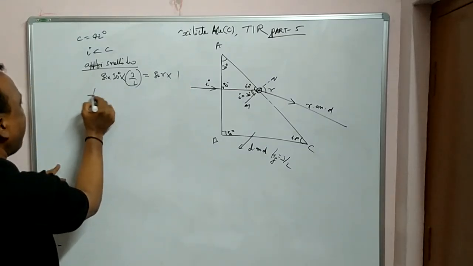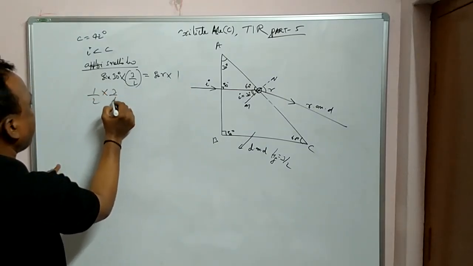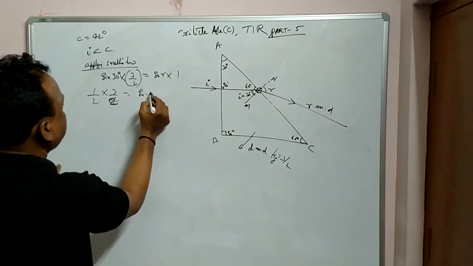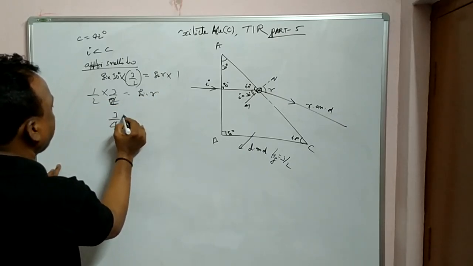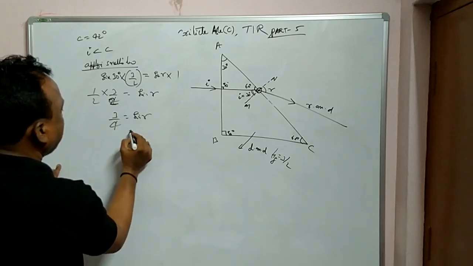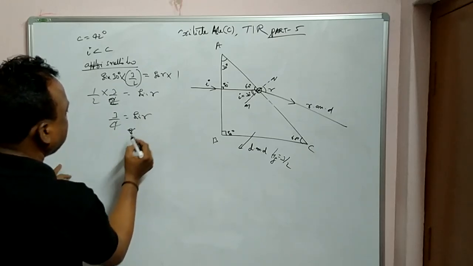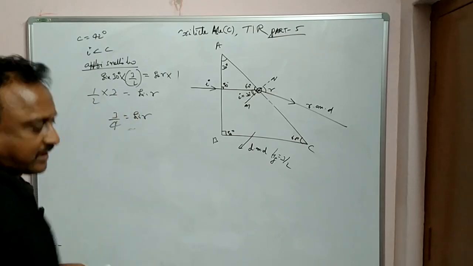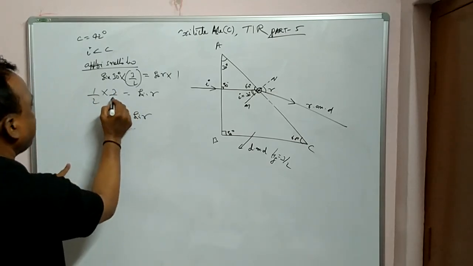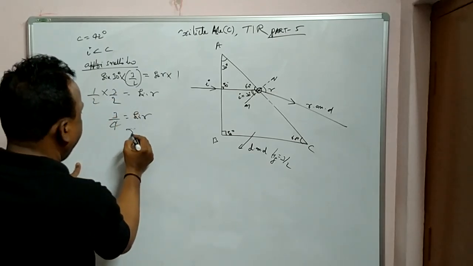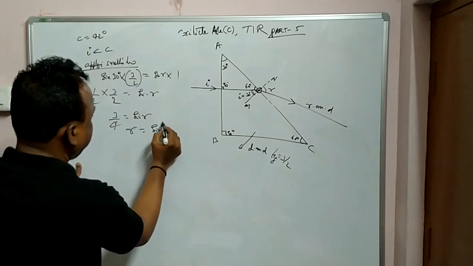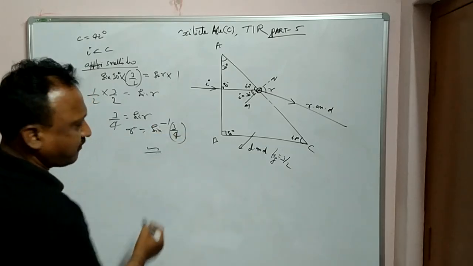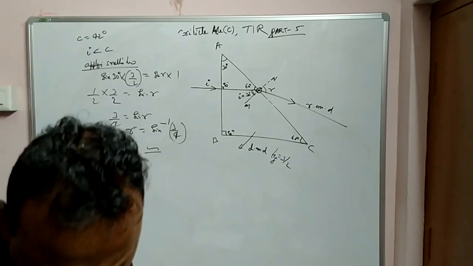Therefore sin 30, half, into 3/2 is equal to sin R, or 3/4 is equal to sin R. So R is equal to sin inverse 3/4. And this value is nearly around 49 degrees.